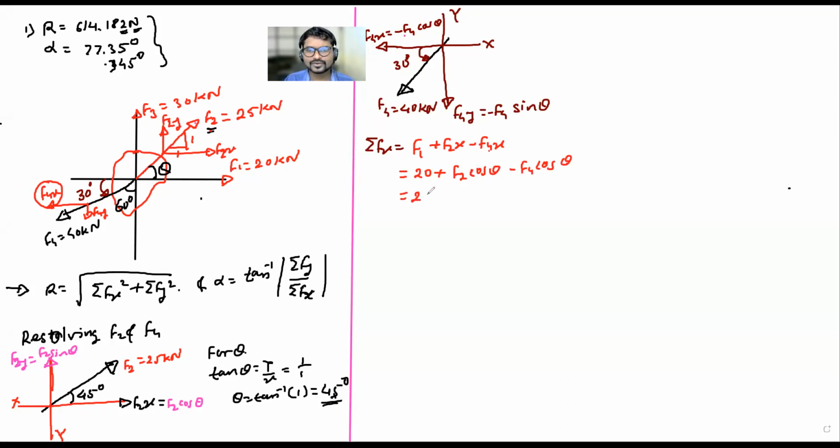So that is equals to 20 plus F2 is 25 cos 45. बरोबर ना? येस सर. Minus F4 as 40 cos 30. So tell me the net summation fx plus minus काय येईल ते?